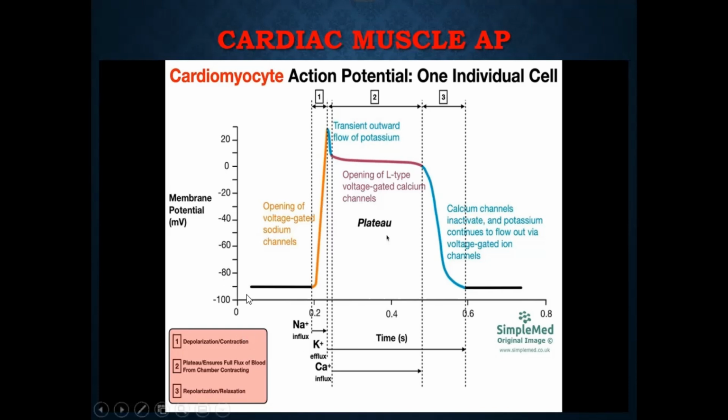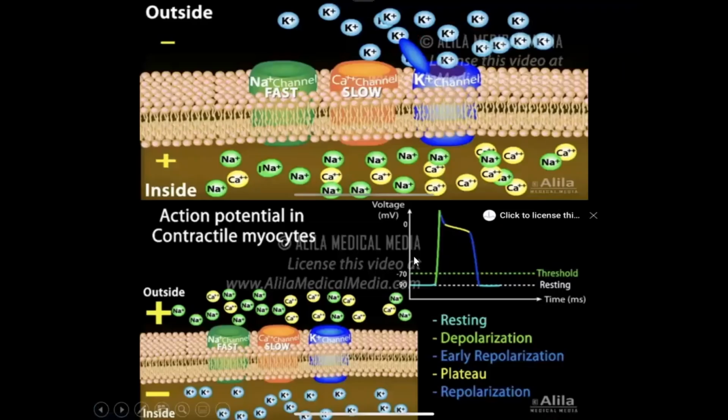So it can go up to minus 90 here. With minus 90, the initial part, opening of voltage gated sodium channels, causes the first spike. Then a transient outflow of potassium causes an early small repolarization. Then the plateau is maintained by L-type voltage gated calcium channels. Finally, the calcium channels close and potassium channels remain open, causing repolarization.